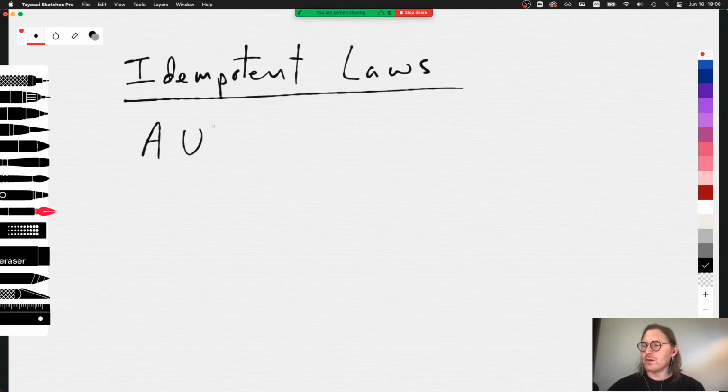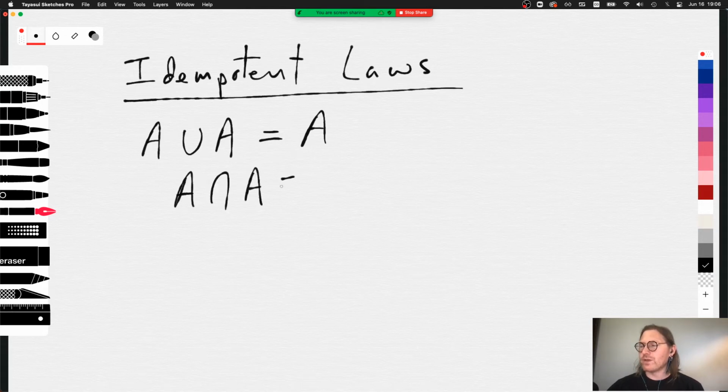A union A is going to be A. That just makes sense. A unioned with itself is going to be itself. That's not too surprising. And then if we intersect A with itself, that will also be A. So these are two ways that we can simplify an expression.